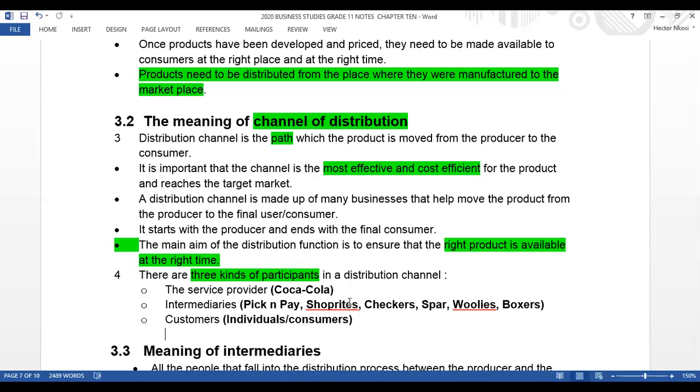Then from the given scenario, you need to point out that the service provider is this, the intermediaries are these, and your customers are these, right? So it's very important to know this hierarchy. It's going to help you so much to understand your work.